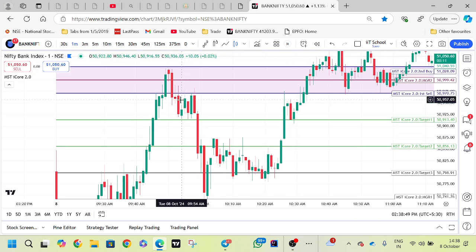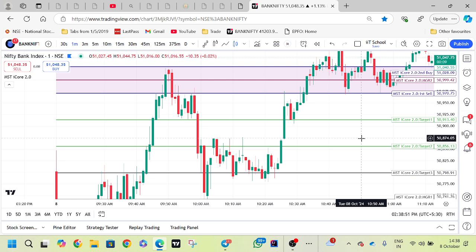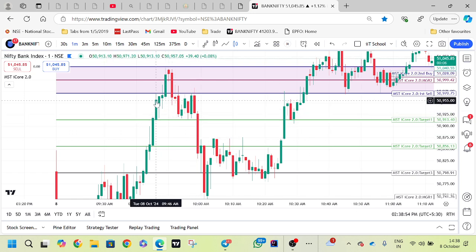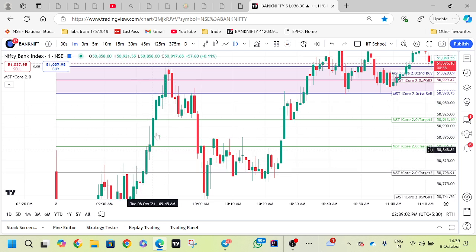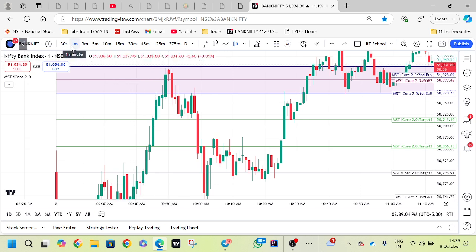Okay. Now coming to this part. These candles are having more volume in each candle. See, I have kept only 1 minute time frame, but look at the size of the candle.